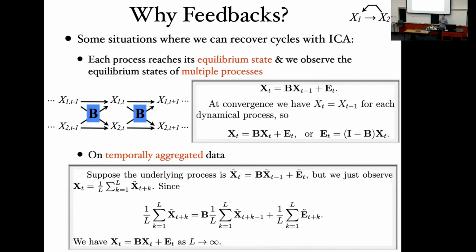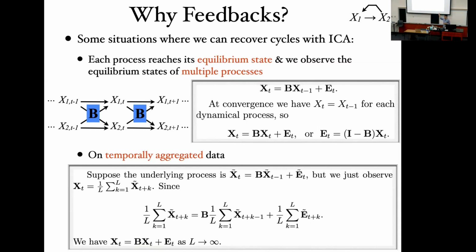Okay? Questions? To summarize, qualitatively speaking, good. Even if I have equilibrium state data, I can recover causal relations. I can trust such causal relations. That's cool. That's why, okay, I'll stop, because now comes the second case.